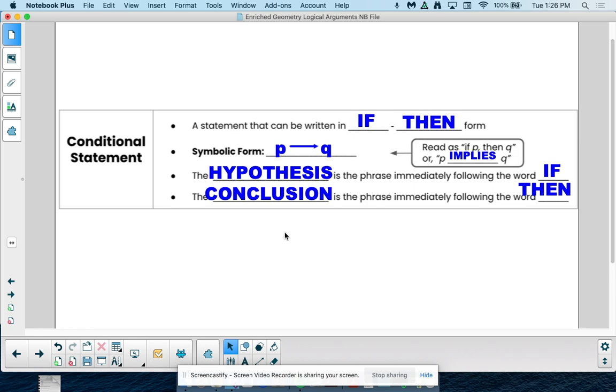So in symbols, it's a P, then an arrow, and then Q. And how you read that is P implies Q. The hypothesis is the phrase immediately after the word if, and the conclusion follows the word then. So a conditional statement is just a statement in if-then form.